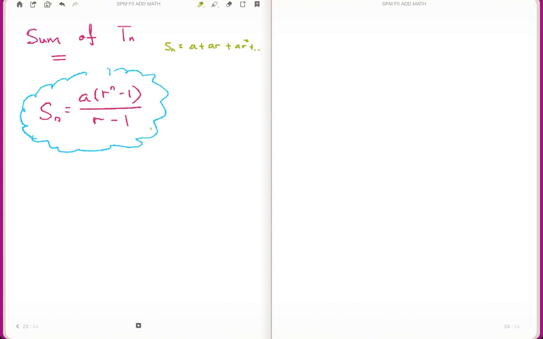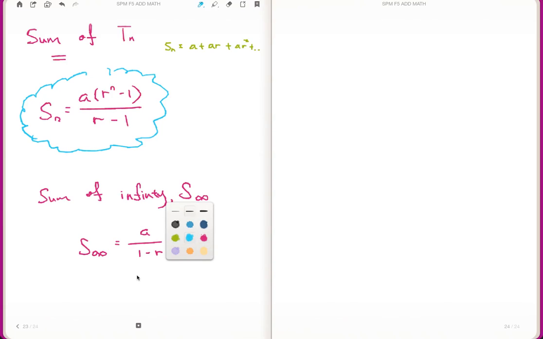Next, that would be the sum to infinity, S infinity. To do that, it's rather simple: it equals A over 1 minus r. It is not different, it's actually the same as above.